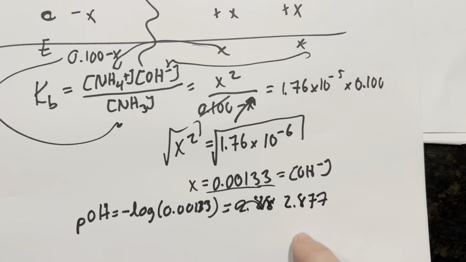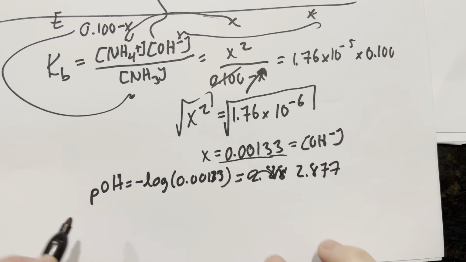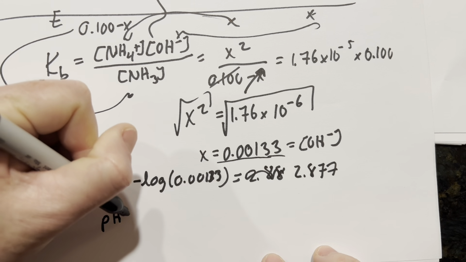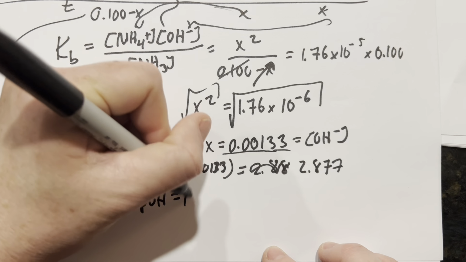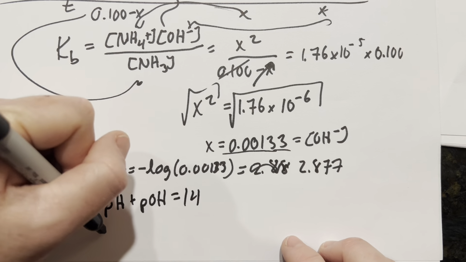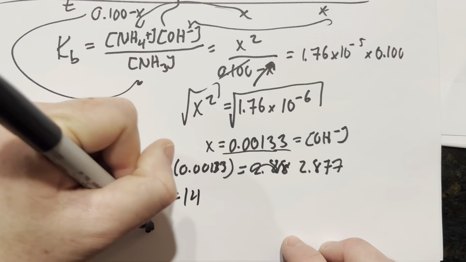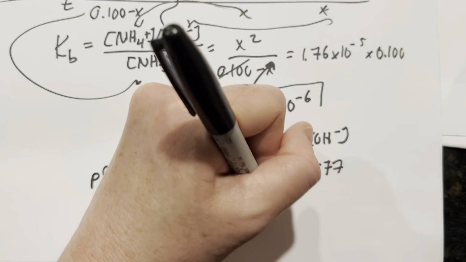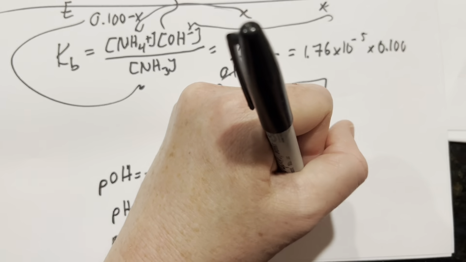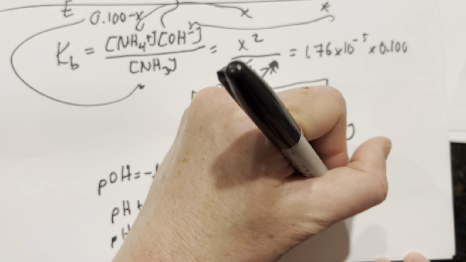And last but not least, it wants us to find the pH. So pH plus pOH equals 14. pH plus 2.877 equals 14. And I'm just doing 14 minus 2.877.